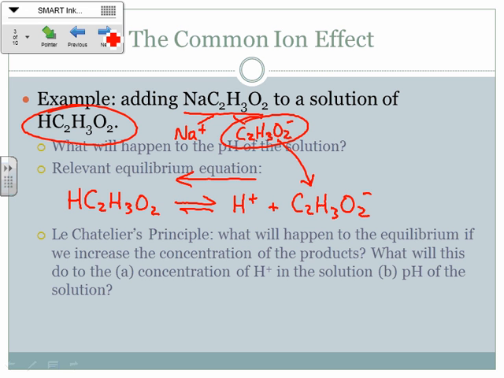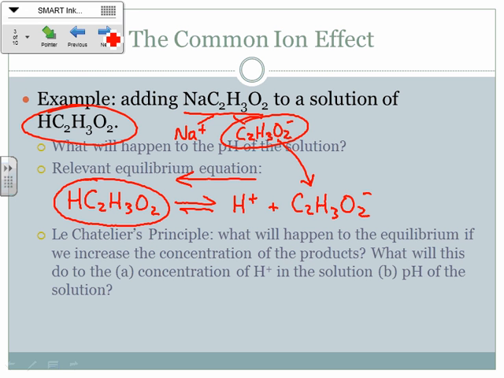So essentially what that's going to do is take some of the H plus out of that solution and turn it back into the acetic acid, the HC2H3O2. When that happens, so we're adding more of the acetate, it's reacting with the H plus, the concentration of the H plus is going to go down.